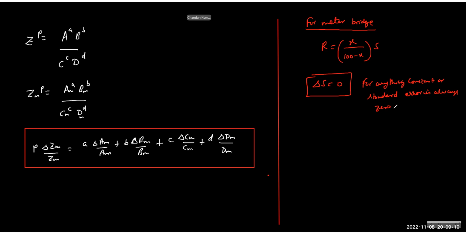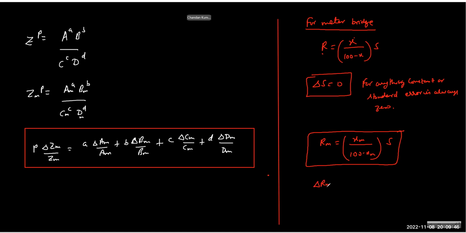Yes. So now R is variable, X is variable. So the way of writing is, this is the case of multiplication and division. So R mean will be how much? X mean upon. Is this clear?